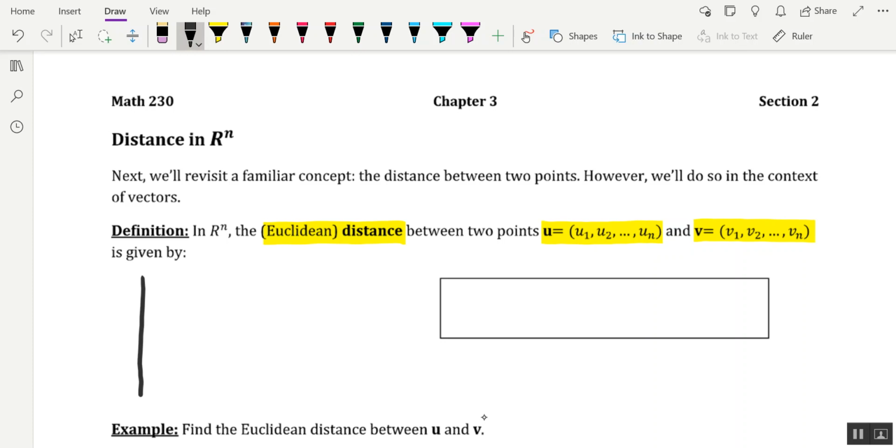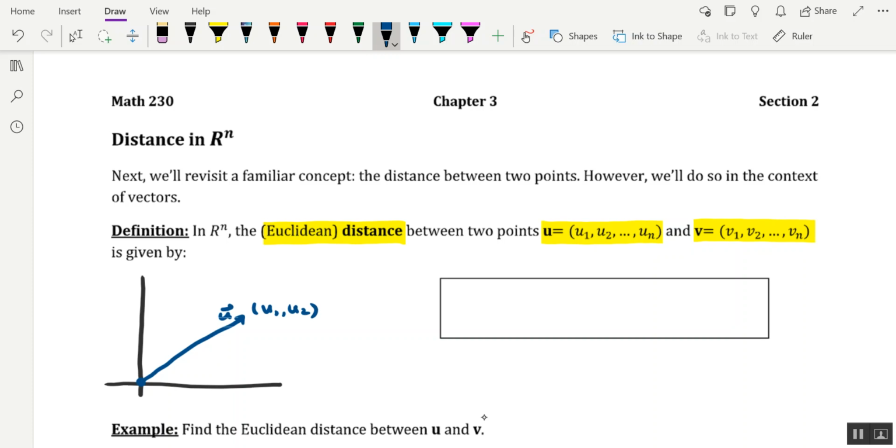Now, to help shed some light as to where this formula comes from, I'm going to go ahead and draw a diagram in 2 space, and I'm going to attach the vectors u and v to the origin. This will be the vector u, and the terminal point will have the coordinates u1, u2.